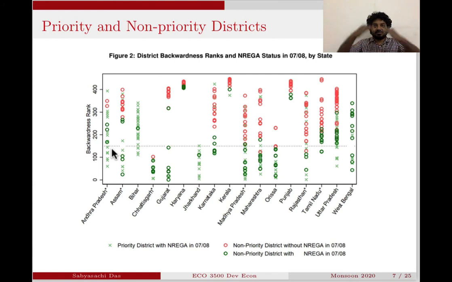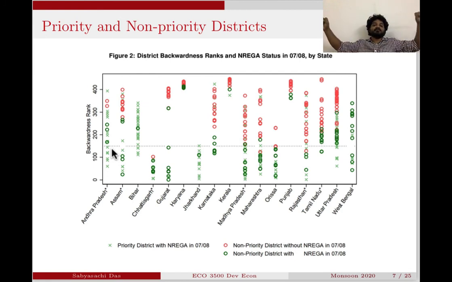So basically, it's called centralization. You are normalizing. For every state, you find out the cutoff above which it's red and below which it's green, and you deduct the value of that rank from all the ranks of all the non-priority districts. So then basically the cutoff becomes 0, right? Below the cutoff you get negative, above the cutoff you get positive. And you do that for every state.